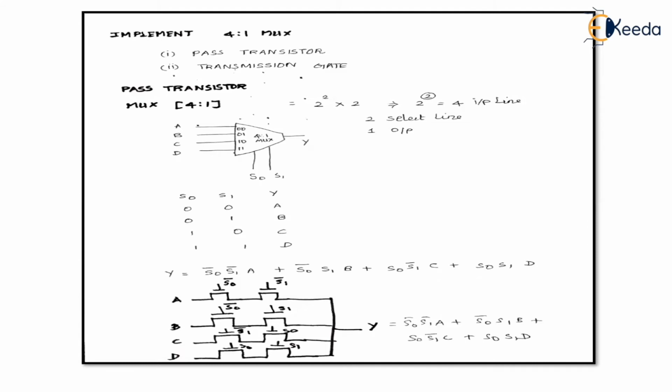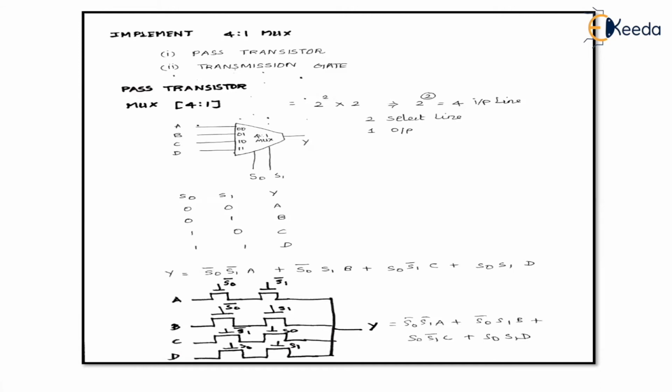What is there on the 0 0 line? A data. So A will be at the output. Next, 0 1. What is there? B. And towards 1 0? C. And towards 1 1? D.